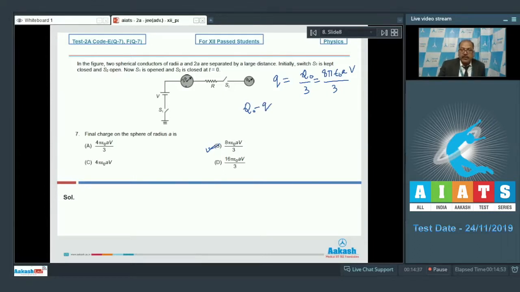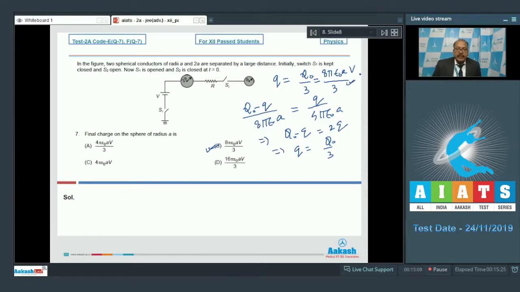The potential of the first sphere will be q by C. That means Q0 minus q by 8 pi epsilon naught a, and that is equal to q by 4 pi epsilon naught a, and this means Q0 minus q is equal to 2q. So we again get the same thing, that small q is equal to Q0 by 3, and we get this expression. So for question 7, answer is B. Let's go to the next question now.